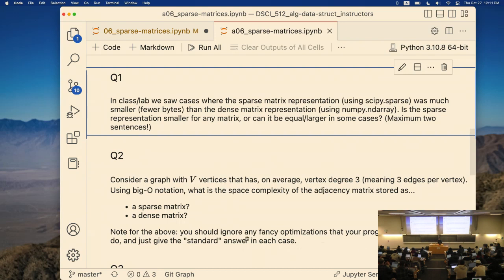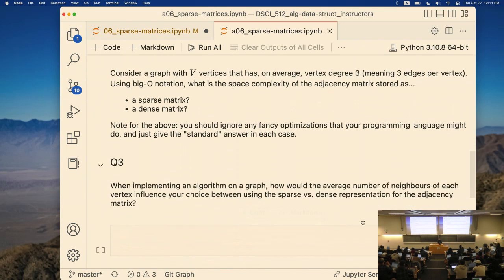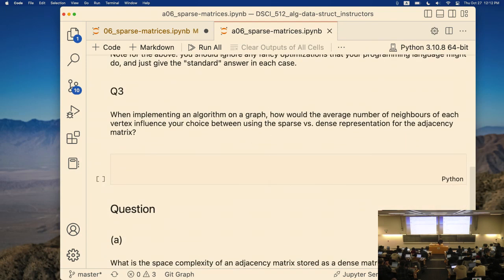Okay, let's see which one is more interesting. Okay, this one. When implementing an algorithm on a graph, how would the average number of neighbors of each vertex influence your choice between using sparse or dense representation for the adjacency matrix? In what situation would you use a sparse matrix?